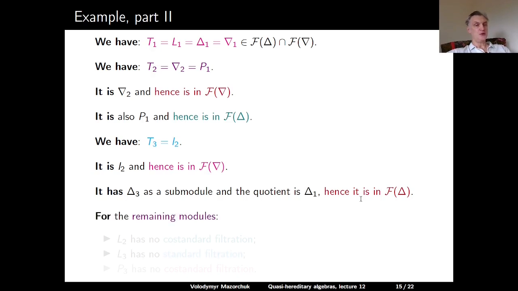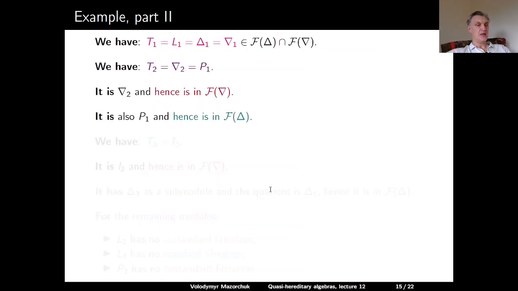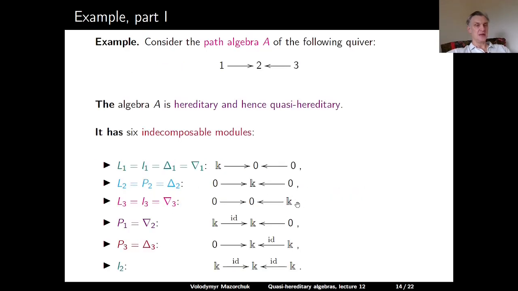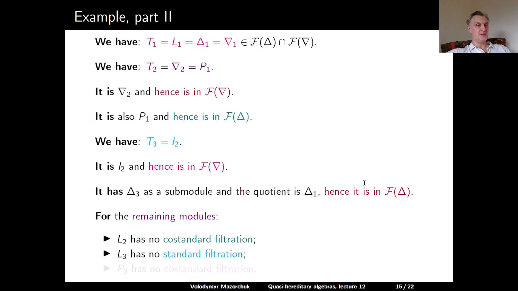And for the remaining modules, we see that L2 has no costandard filtration because ∇2 is bigger. Then L3 has no standard filtration, because L3 is a simple module where the standard at 3 is P3. And finally, P3 has no costandard filtration.